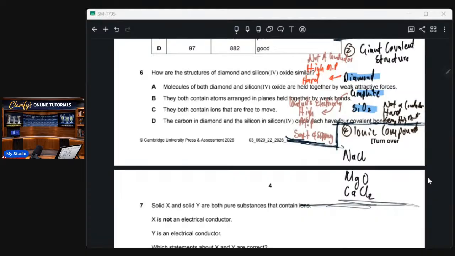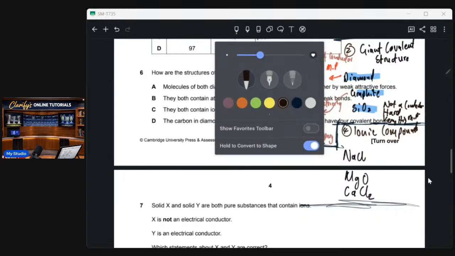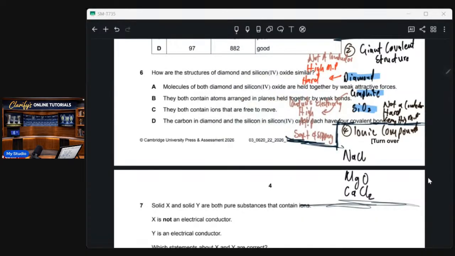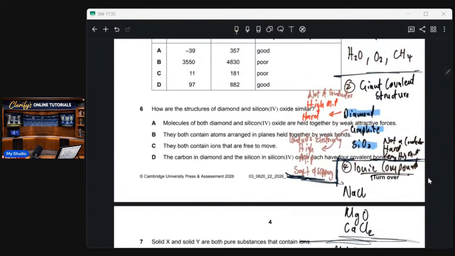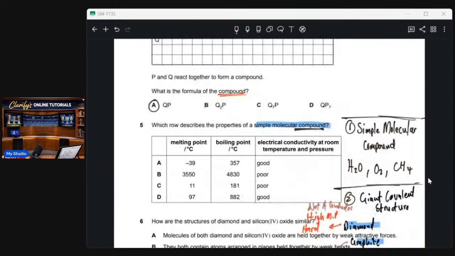Ionic conduct when molten, I mean. The only things that conduct even when solid are metals and graphite. We'll talk about metals. But ionic, you melt them or dissolve them. Simple covalent can never ever conduct, even if you melt them, because they have no ions.